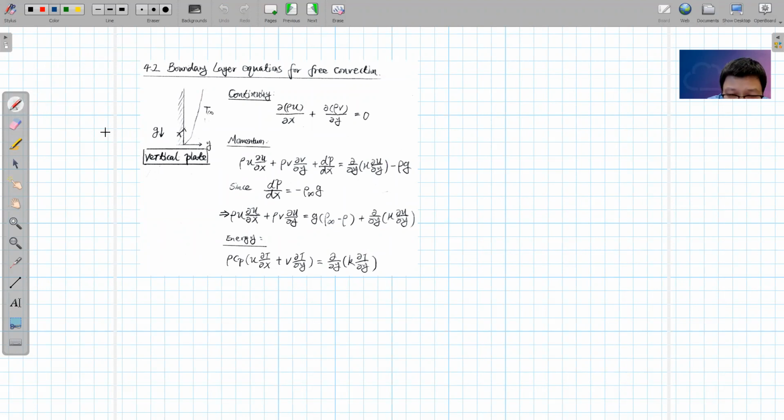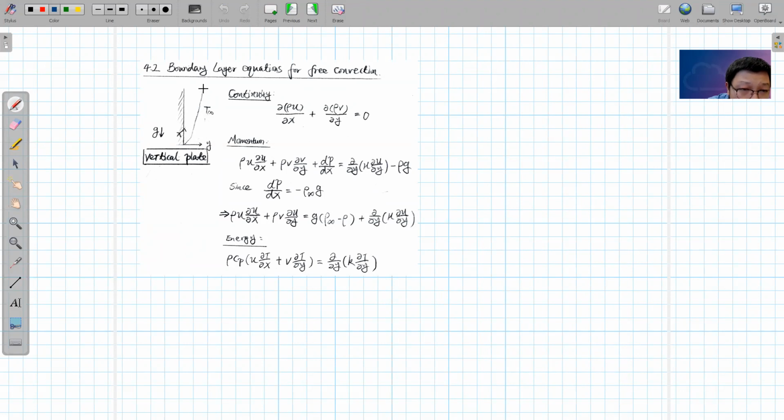The most common problem for natural convection is a heated vertical plate. So we have a plate here, and it is vertical, and we have the gravity field.